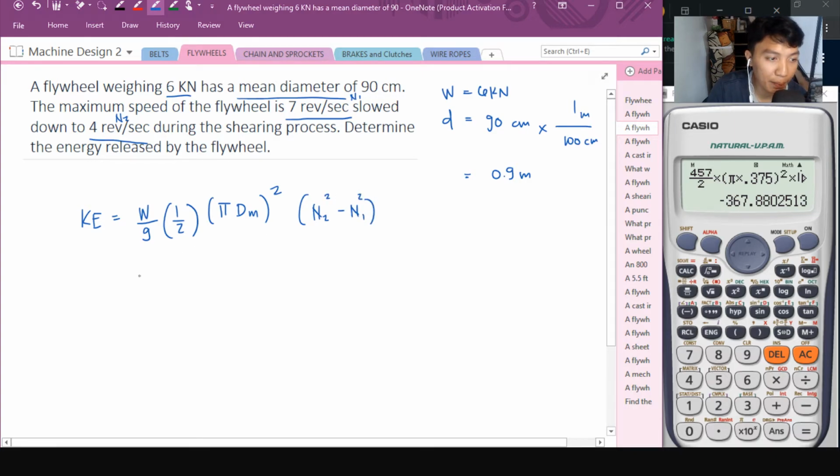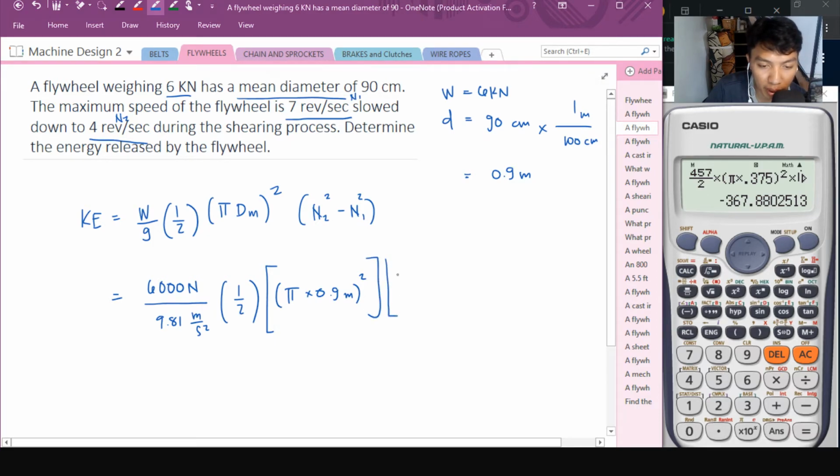Squared the value. So, weight over gravity. So, the weight there is 6,000 newtons. Kapag kilonewtons, convert nyo agad ng newtons yan. Divide by 9.81 meter per second squared. Multiplied to 1/2. Then multiply to pi times 0.9 meters squared.